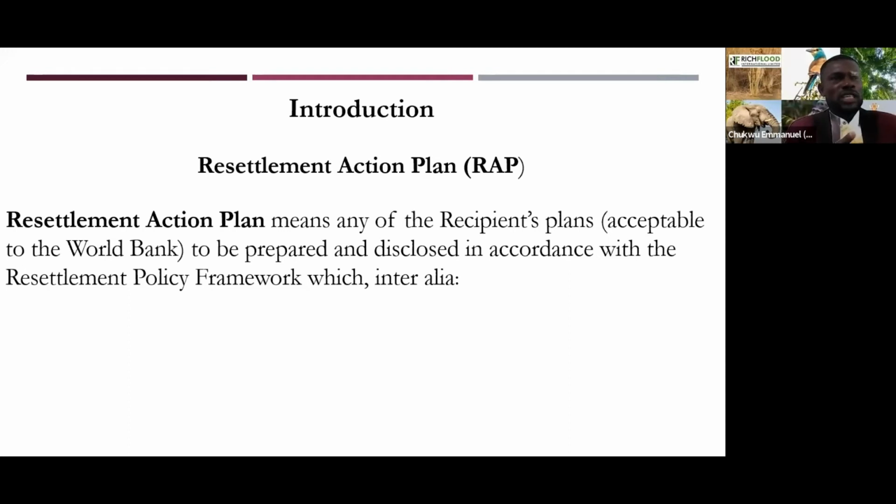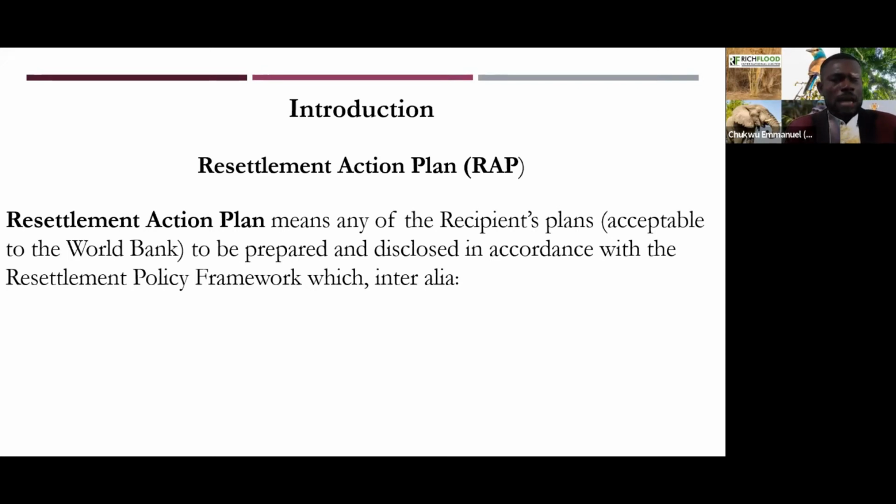You don't compensate the person that owns a bungalow the same way you compensate the person that owns a mansion. You have to take a valuation of their assets so that you can compensate these persons appropriately. That is the framework, that is the guideline which the World Bank is putting in place.